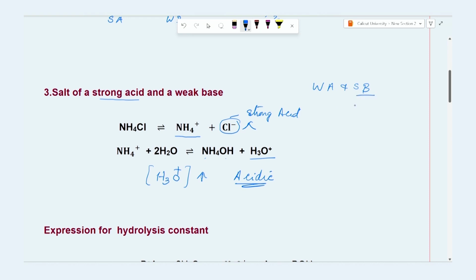Since the base is strong, the solution will be alkaline. This is the best way to remember. So, this becomes an acidic solution. Now, we will find out the expression for hydrolysis constant, degree of hydrolysis, and also the pH of the solution.